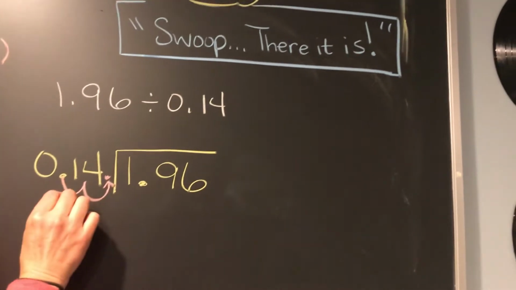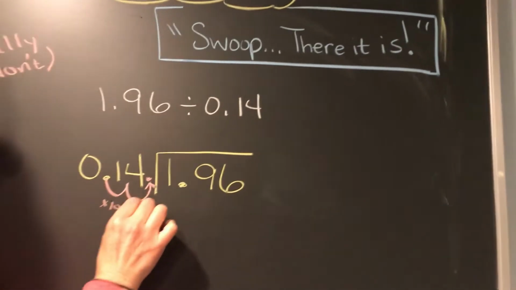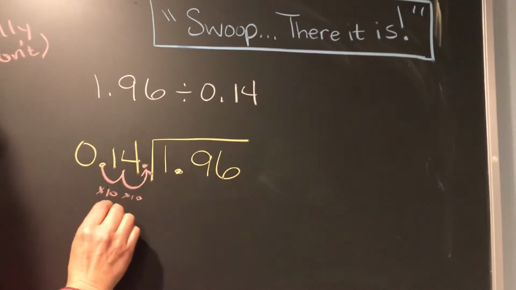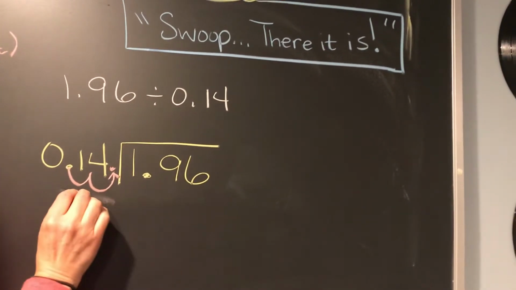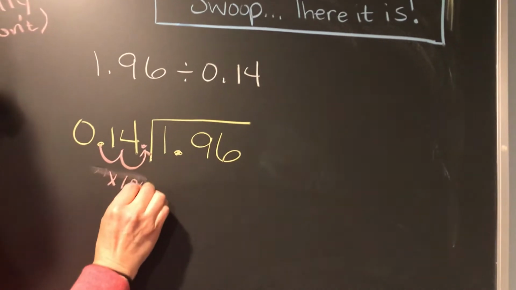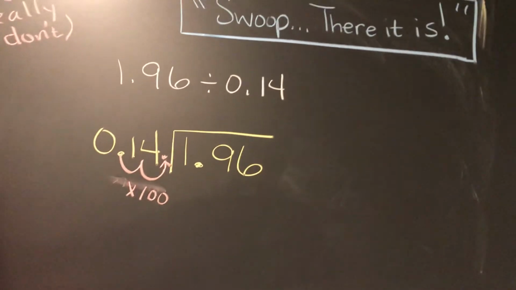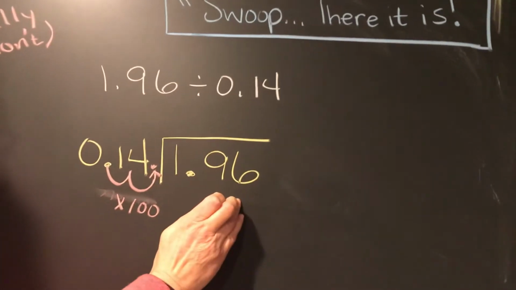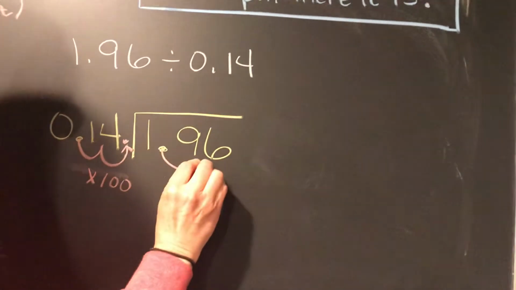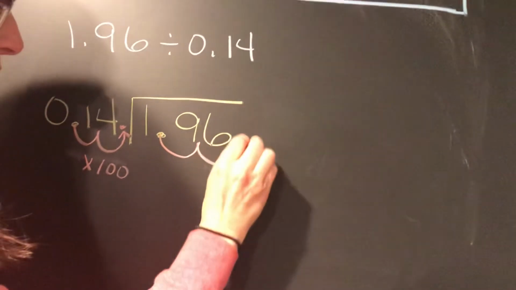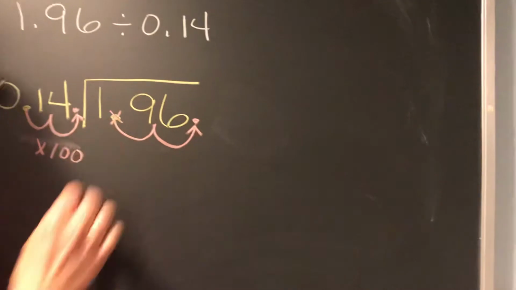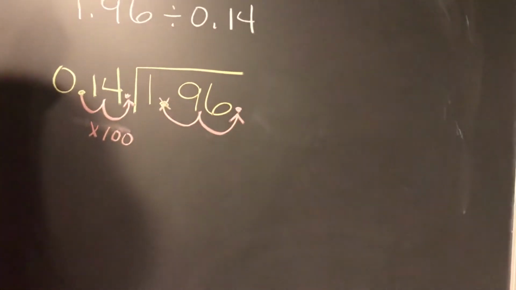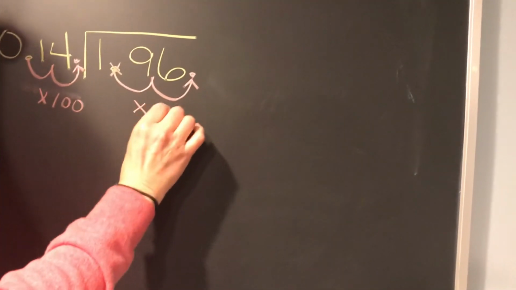So each time you are multiplying it by 10. So this time we multiplied this by not 10, but 100. 2 swoops. Whatever we do to the divisor, we have to do to the dividend. 1 swoop, 2 swoops. So it lands here at the end of 196. Also, we multiplied it by 100.